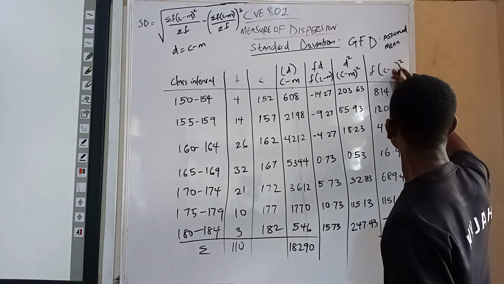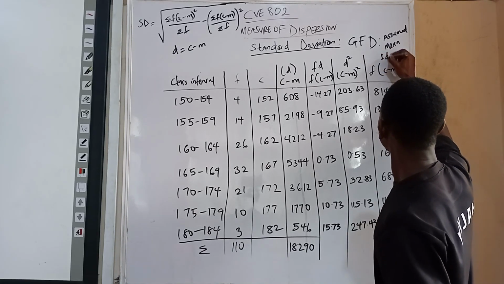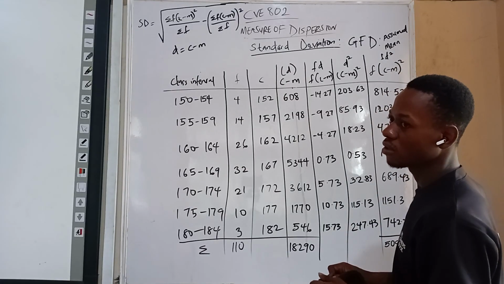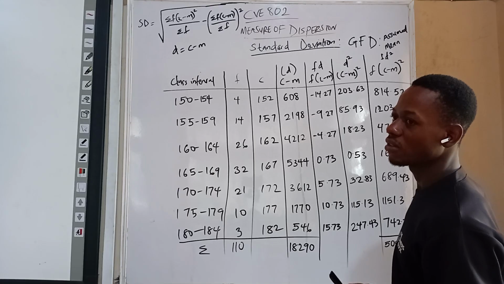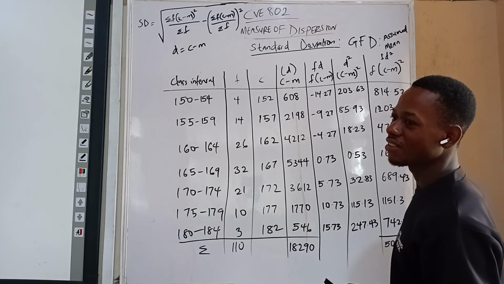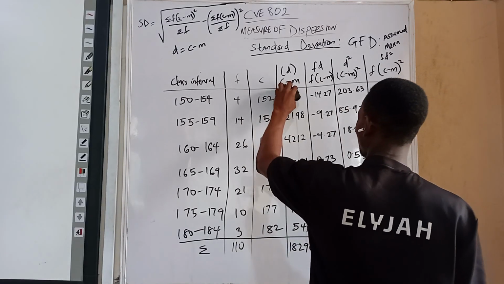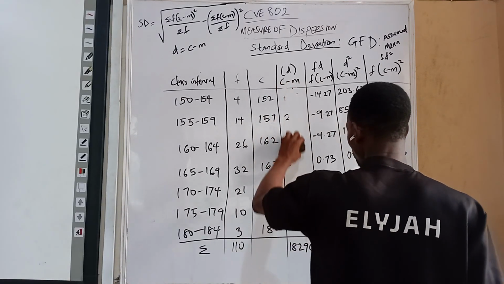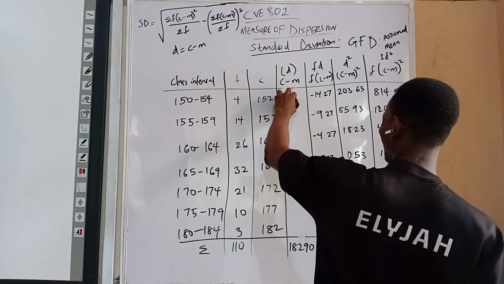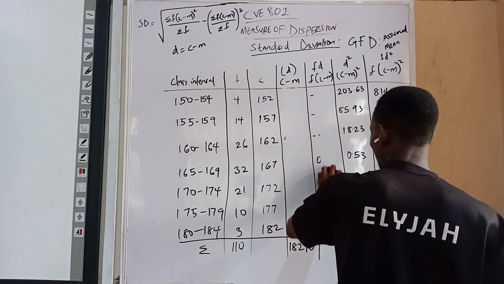Then this one is f into. But do you know this thing is insulting actually? If a question like this is given, and you are producing it in just one table and four lines. Same thing, guys: c minus m and c minus m.